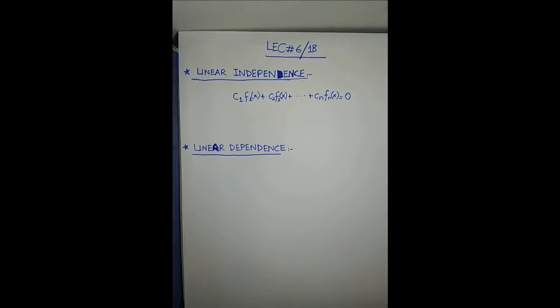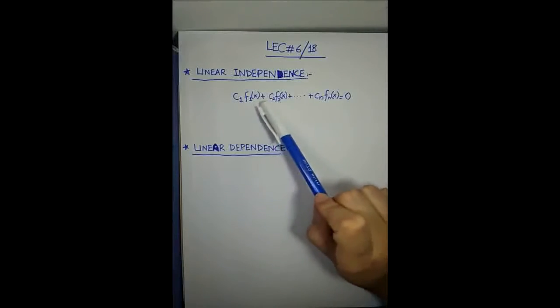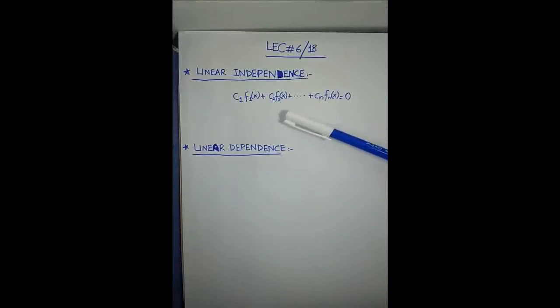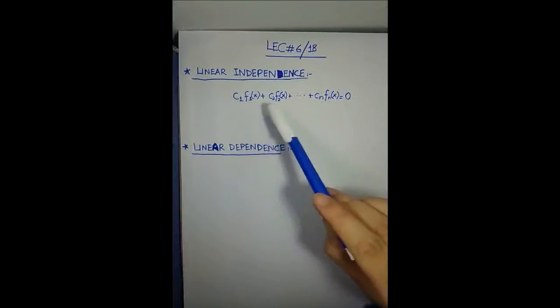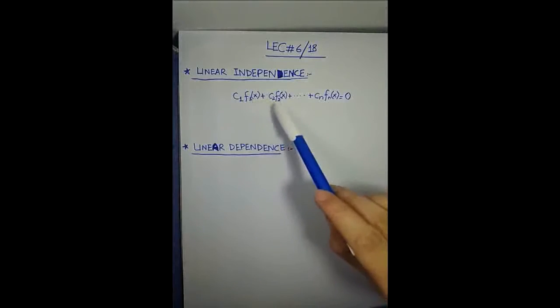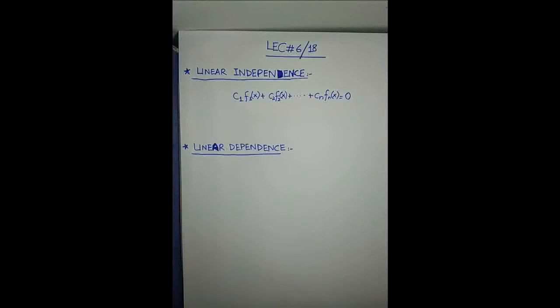So basically this is a linear combination, or we can say it is a sum of products of scalars and functions. A sum of products of scalars and functions is called a linear combination.